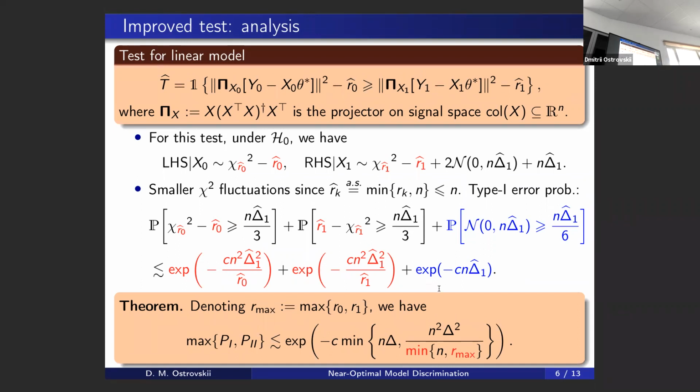So basically, this is what gives me the reduction. I see that my number of degrees of freedom will always be smaller than the sample size, of course, because I projected. I was projecting on the subspace of dimension R k hat, which is the empirical rank.